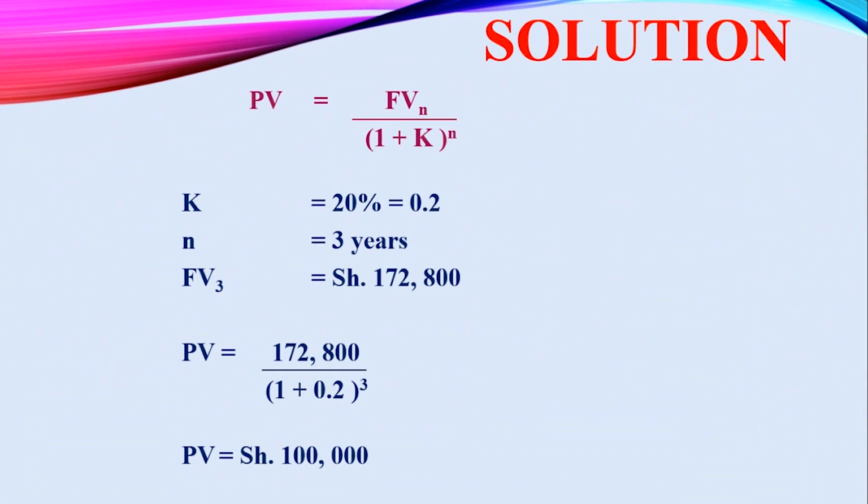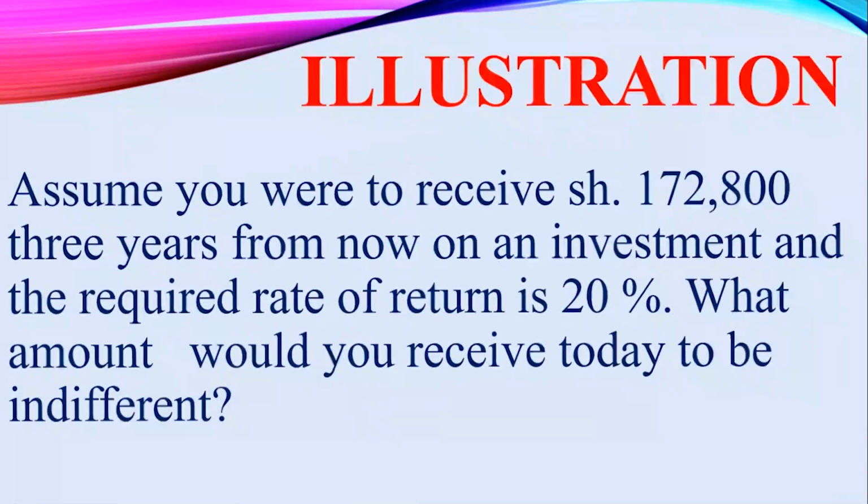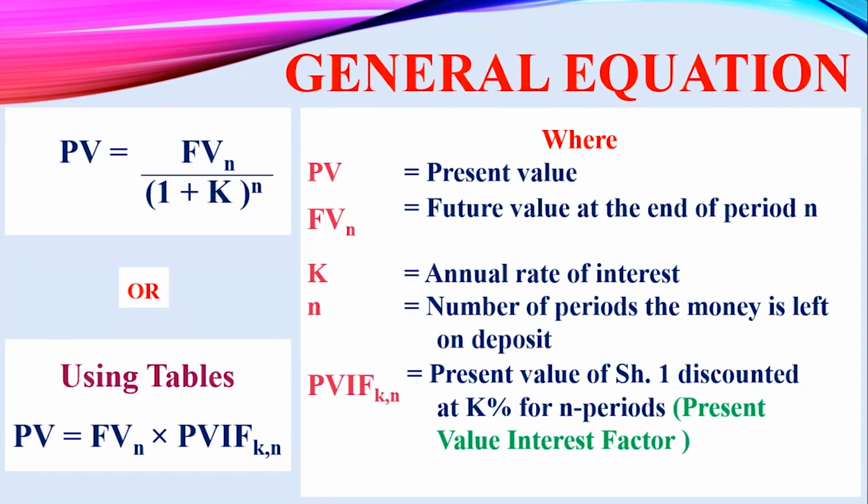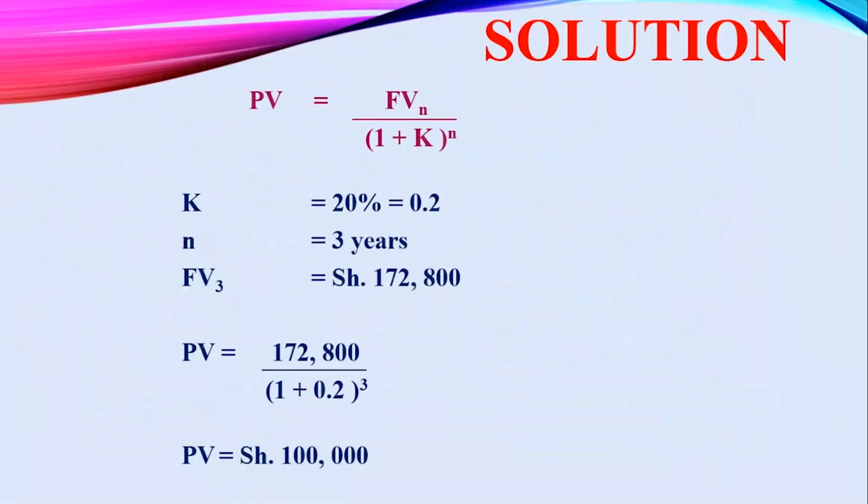Let's get to the solution. Let's start with the first method, when you are using the equation, that is the first formula. So we say that the present value is given by the future value divided by 1 plus k power n. Already we have seen that our k, which is the required rate of return, is 20%.